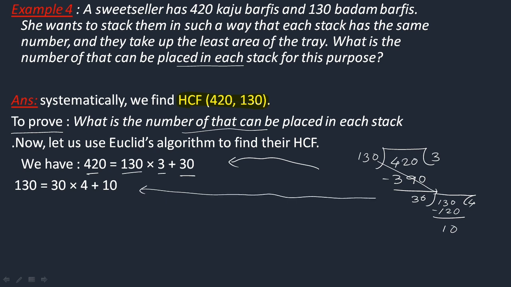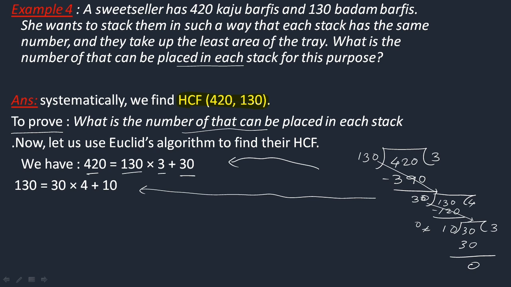So here also the remainder 10 is not equal to 0, so we have to divide again. Here the divisor comes to the place of the dividend. That is 30 divided by 10.